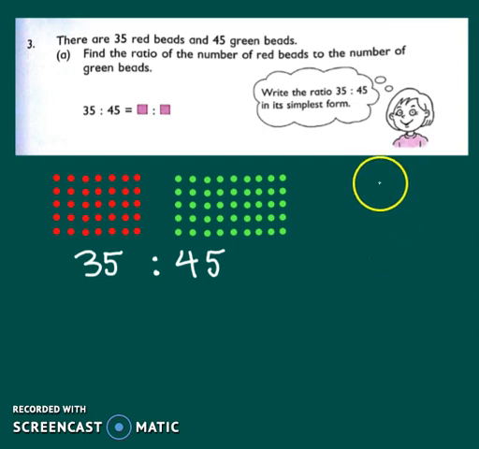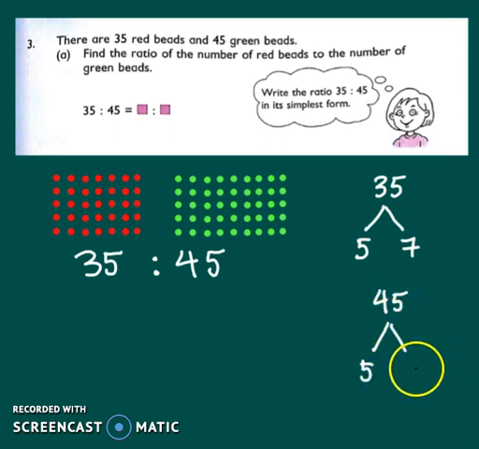Well, let's have a look. What are some factors of 35? The first two that jump out at me are 5 and 7. And let's look at 45. The first two that jump out at me are 5 and 9. So both 35 and 45 are divisible by 5.